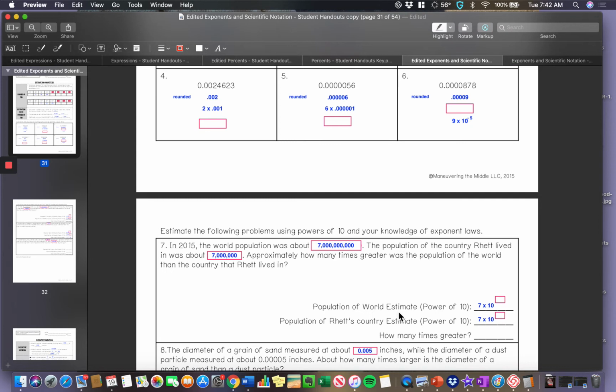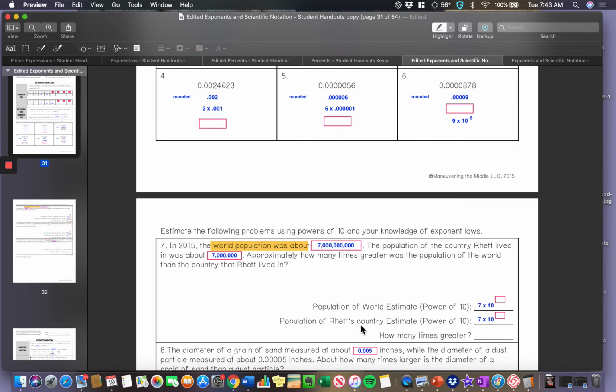So the population of the world estimate as a power of 10. So the world population is right here, which is 7 billion. Okay, so we would have 7 times 10 and then count our zeros. 3, 6, 9. So we could have 9 right there.